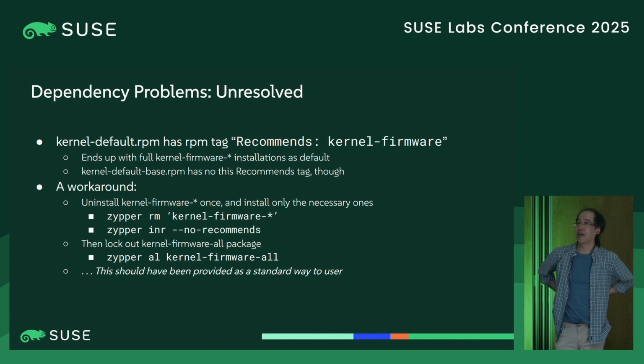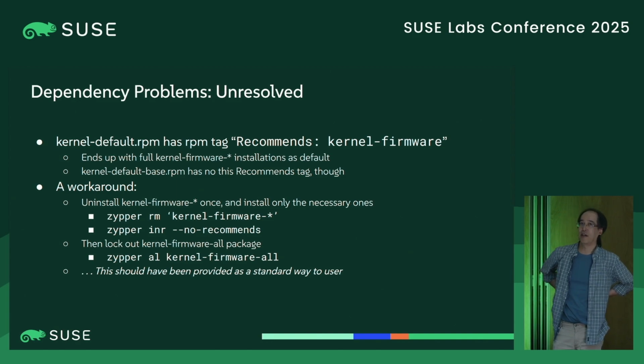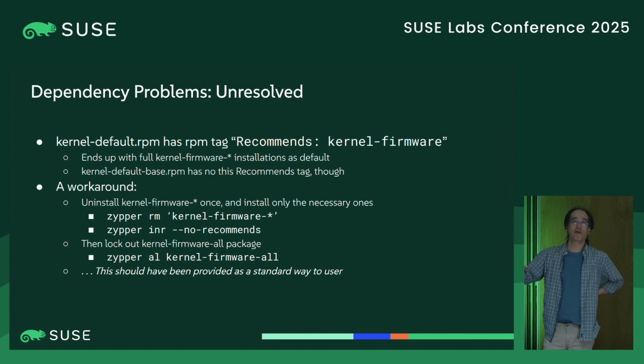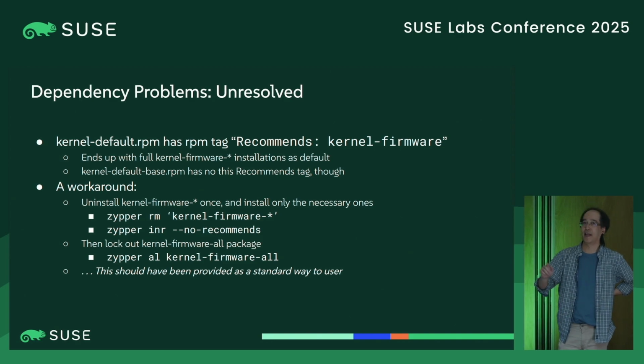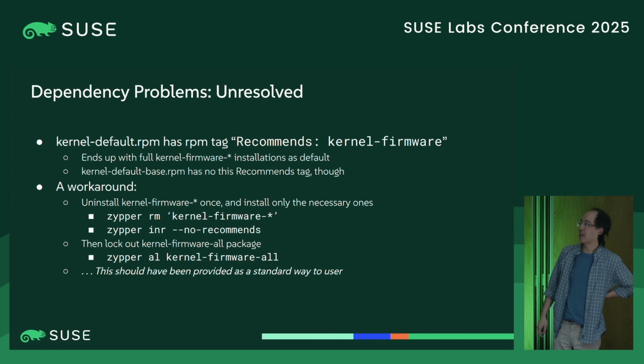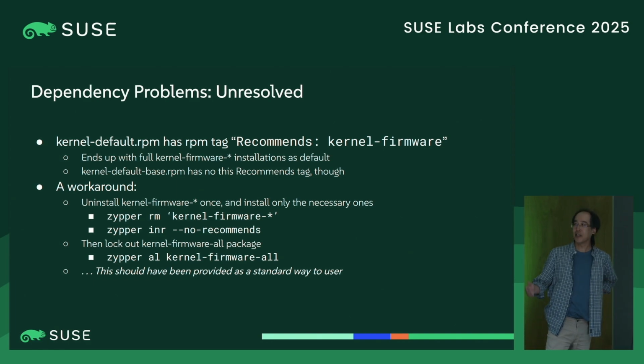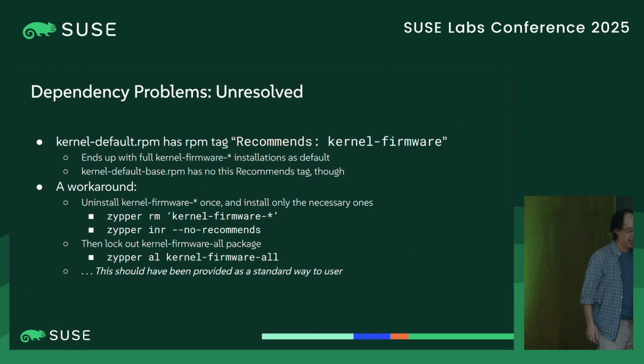That means the user will end up with a full installation of kernel firmware packages. The workaround is to uninstall all kernel-firmware packages from your system once, then install only the necessary ones, then lock all kernel-firmware packages. But this step should have been provided in some standard way. Yeah, that's still missing.